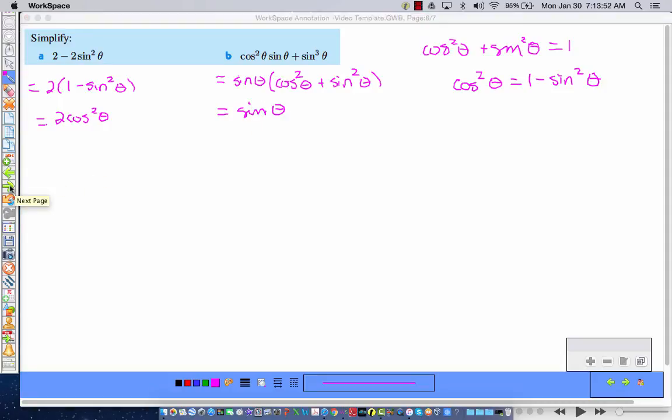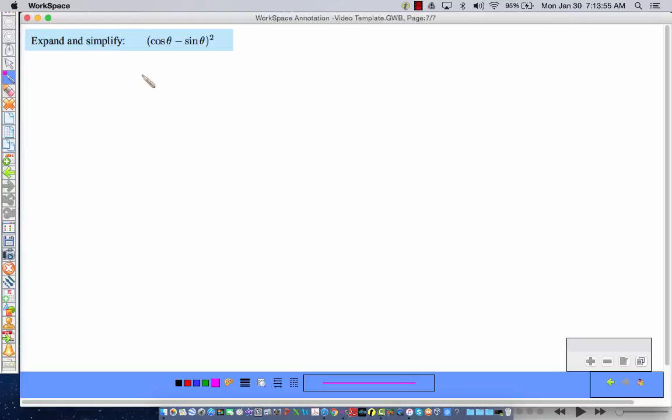One more little example. Expand and simplify. All right, so this is equal to, remember, a minus b, the quantity squared, is equal to a squared minus 2ab plus b squared. Or if you can't deal with that, a minus b squared is equal to a minus b times a minus b.